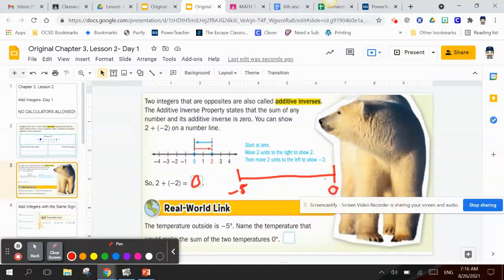I want to get to 0: -4, -3, -2, -1. How many do I have to count? Well, if I start here at -5, I count 1, 2, 3, 4, 5. So since I went to the right, that's positive. So that would be 5.